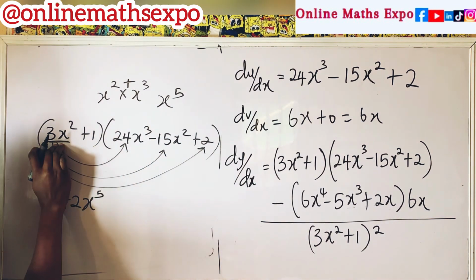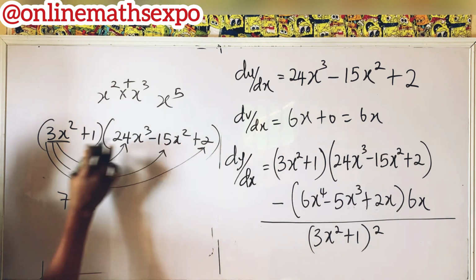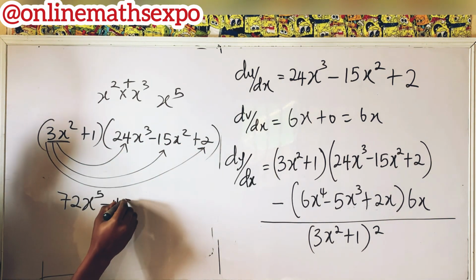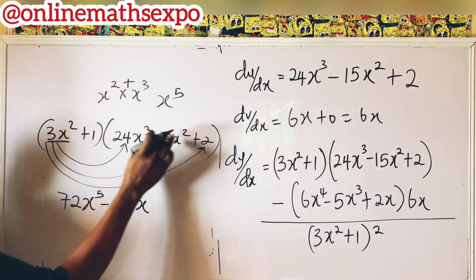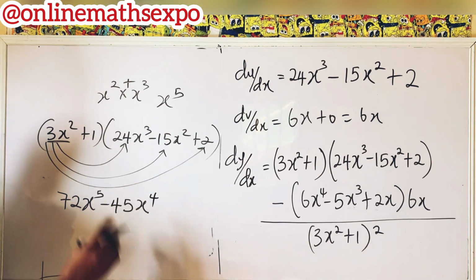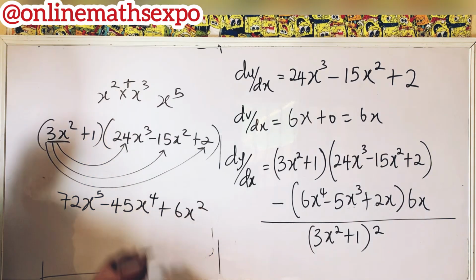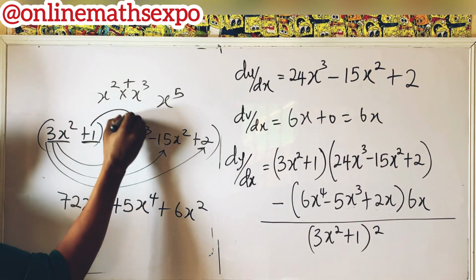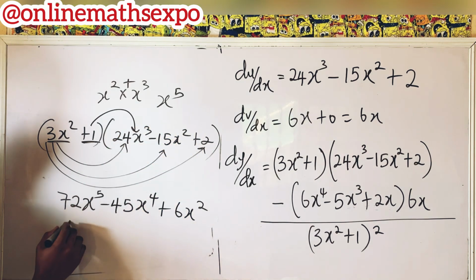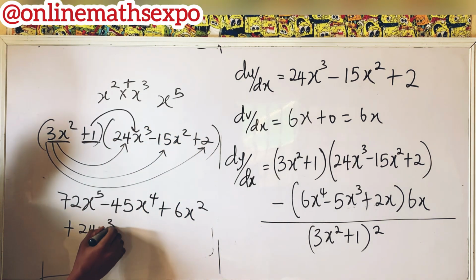So we use this also to multiply this, and that will give us negative 45x. Add these two to give us 4. Use it on this also, we have 6x squared. Now we come to this. Multiply with this is going to give us plus 24x cubed.